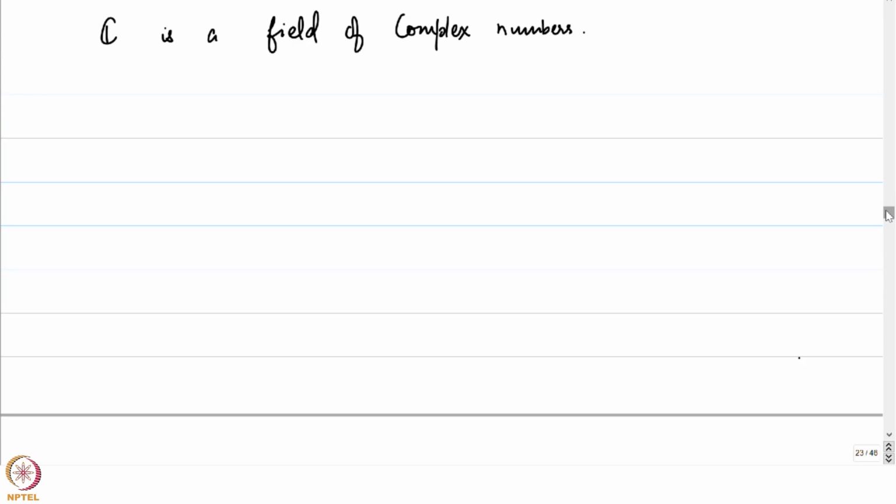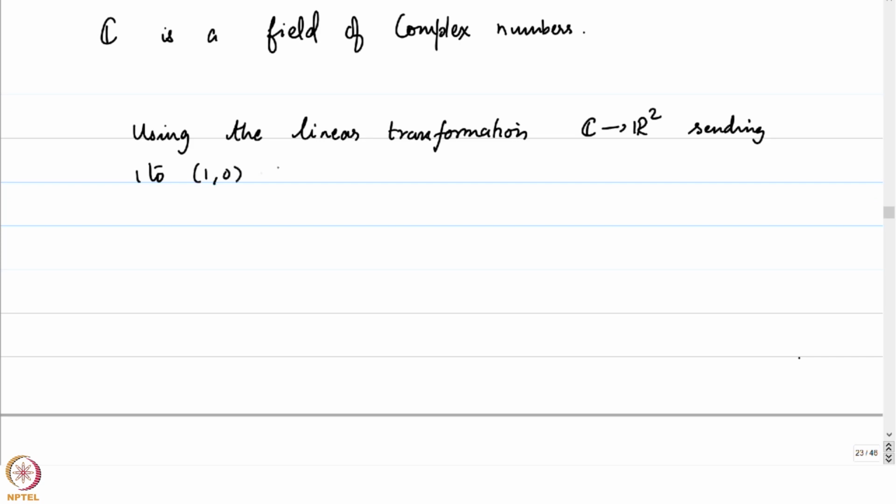So by looking at the linear transformation from C to R2 which sends 1 to (1, 0) and i to (0, 1), we could also define a field structure on R2 using this definition. We can identify C with R2.